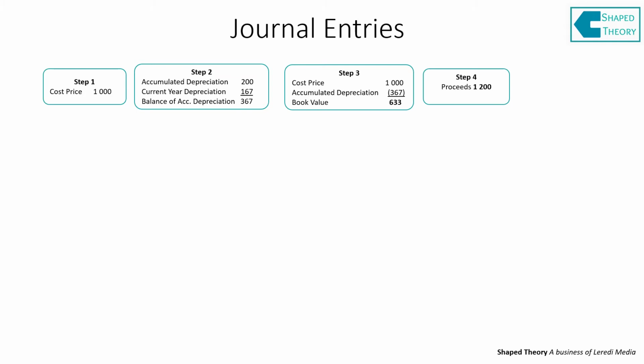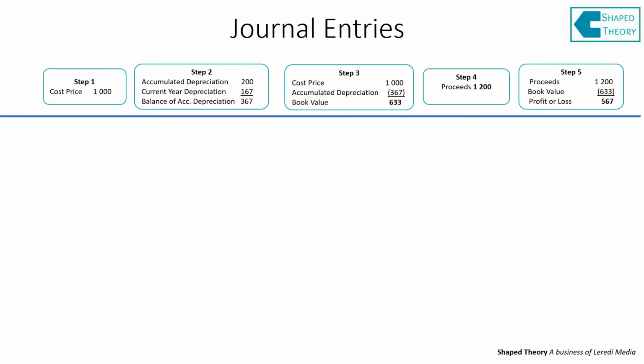In step 4, we determined the selling price or the proceeds the company will receive from this asset to be 1,200. In step 5, we calculated the profit on the sale of this asset to be 567. If you want to understand the details behind the above numbers in the steps, please make sure that you check our previous video on asset disposal for better understanding.